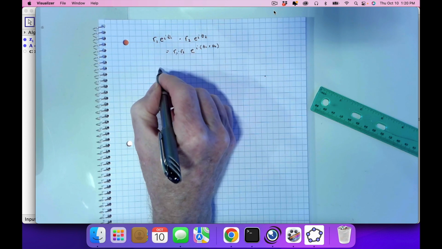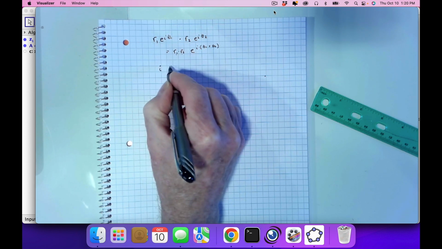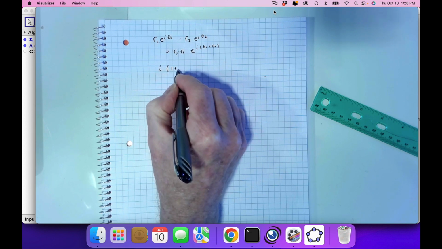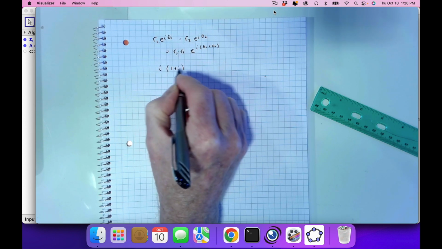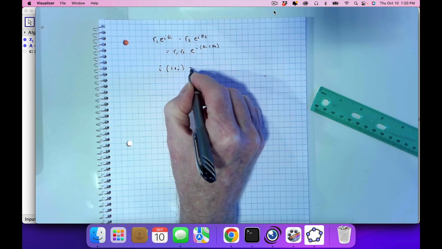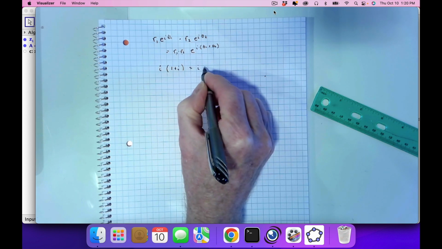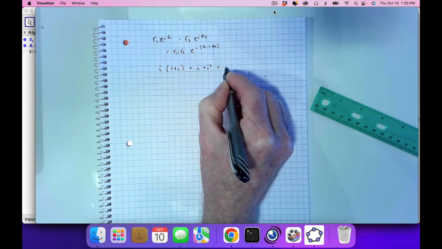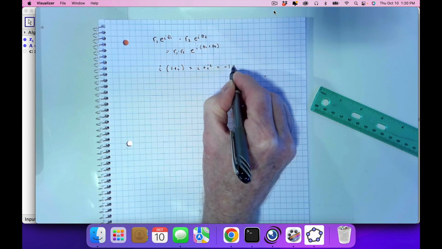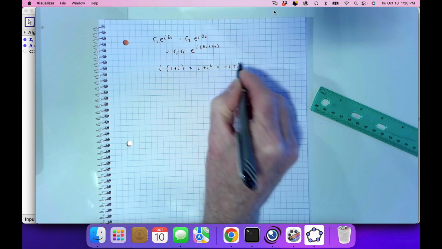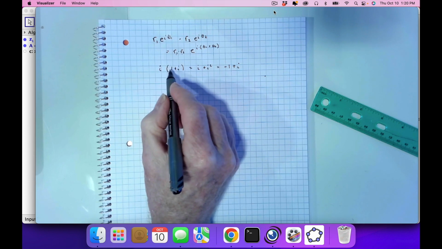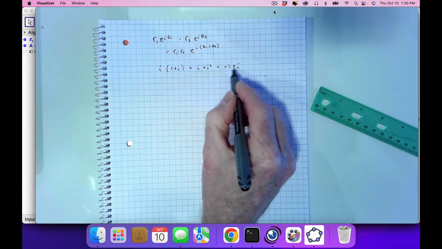So if I take the i and I multiply it by 1 plus i, we're just carrying out this multiplication. That's going to be equal to i plus i squared, which is minus 1 plus i. Okay? Well, what happened here?